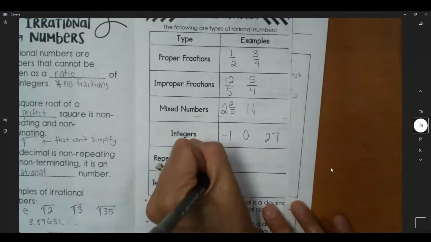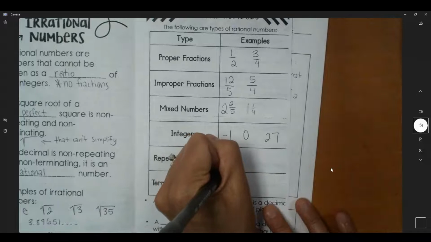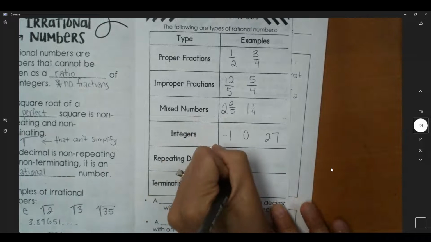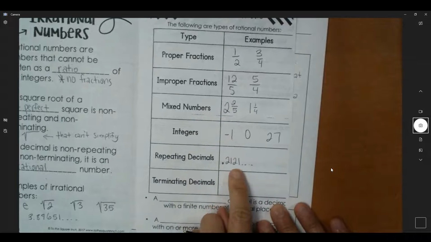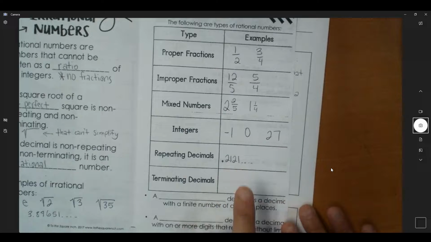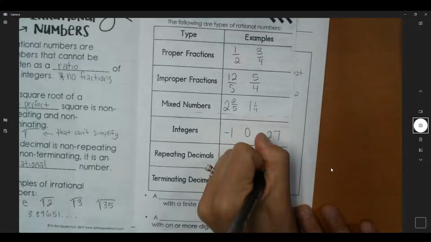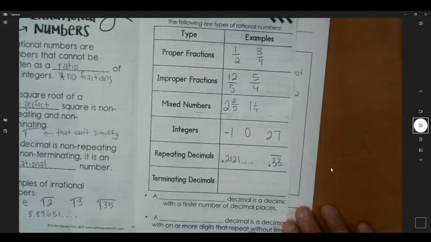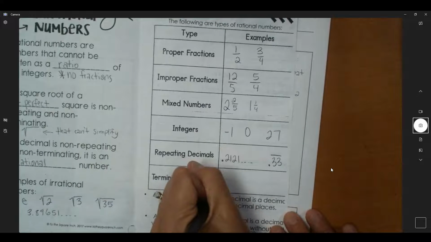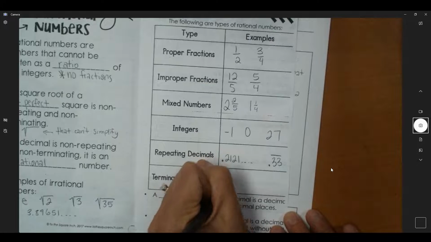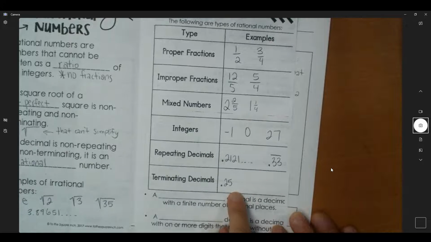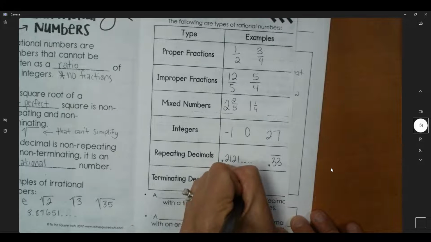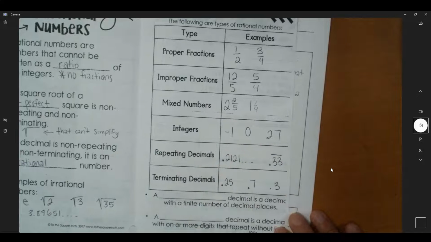Repeating decimals, that would be something like 0.2121, and then dot, dot, dot. Since it's the same pattern, that's repeating over and over again. Or you could have something like this, where it has the line over, and that represents repeating as well. Terminating decimals, that would be like 0.25, and then there's no dot, dot, dot. It stops. That's what terminate means, right? Those are some more examples.